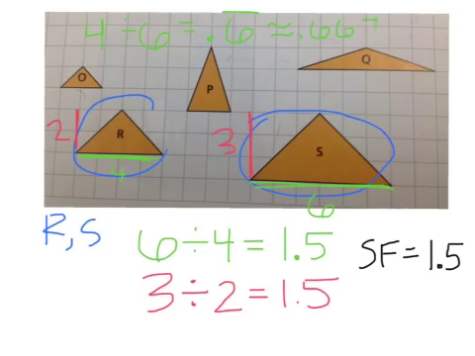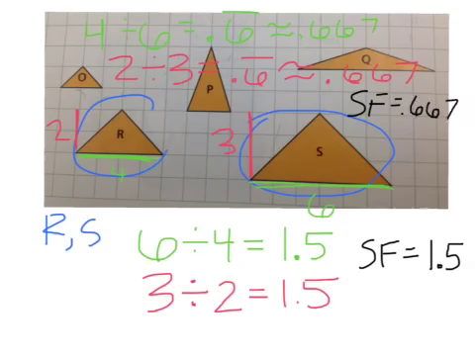And if I also were to do 2 divided by 3, and divide the shorter height by the longer height, the height in R divided by the height in S, I also get 0.6 repeating, or about 0.667. So those are both scale factors that relate these two triangles. We'd use the scale factor of 1.5 to get from the little triangle to the big triangle, and we'd use the scale factor of 0.667 to get from the big triangle to the little triangle.